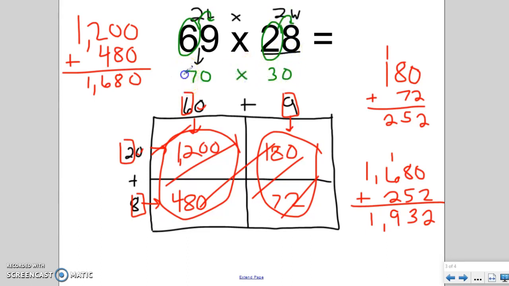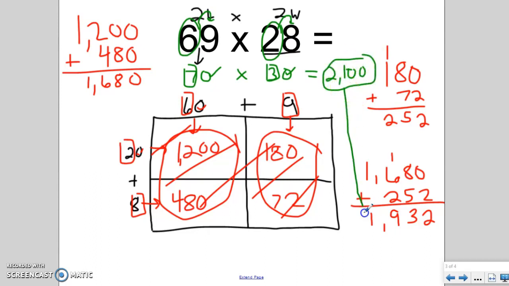Do a quick box and dot. 7 times 3 is 21, and then I have 1 0 here and 1 0 here, and I get a great estimate of 2,100. If I take a look at my actual answer, this is my estimate, this is my actual, I could say that my answer here is reasonable. It is close enough to 2,100 to make sense as an answer.